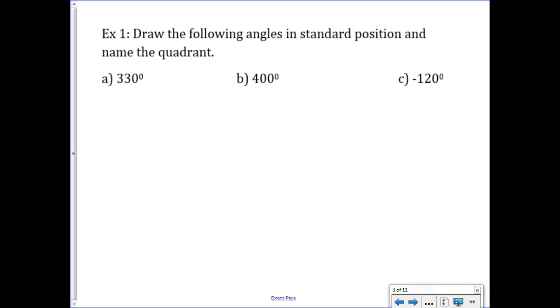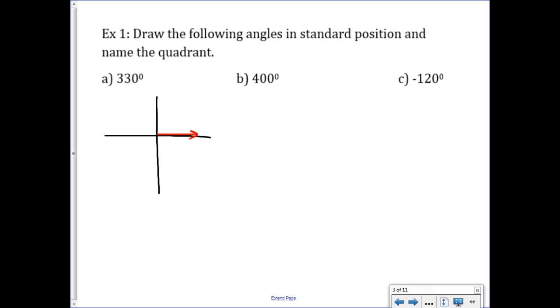All right, so draw the following angles in standard position and name the quadrant. So to draw the angles, we're going to start on the x-axis. So I'm just going to sketch in an xy axis there. So I start here, and a 330 degree angle.